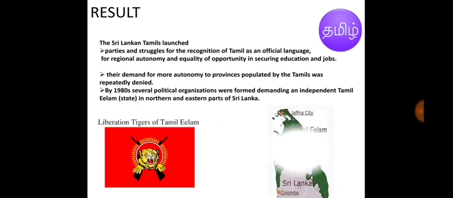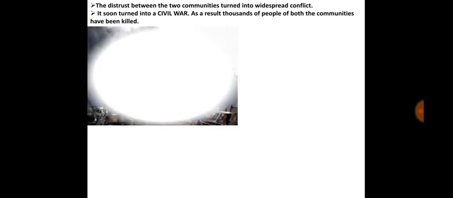They started to fight a guerrilla war. This distrust between these communities turned into widespread conflict. It soon turned into a civil war, and thousands of people lost their homes. They became homeless.